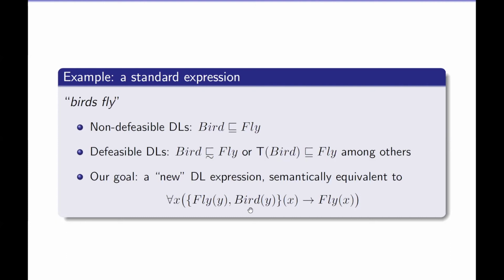Our goal is to create a new DL expression that, whatever its syntax, will invoke the use of this predicate forming construct and will eventually be semantically equivalent to this whole expression.